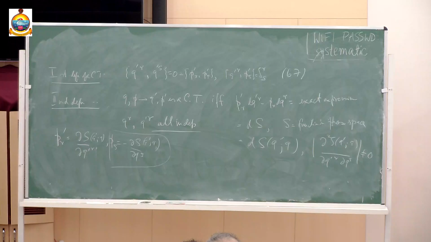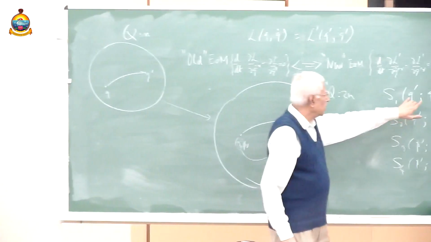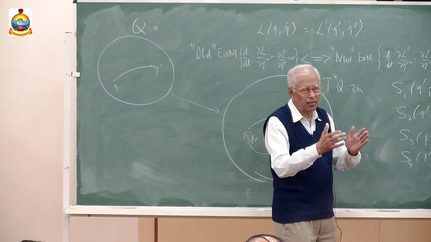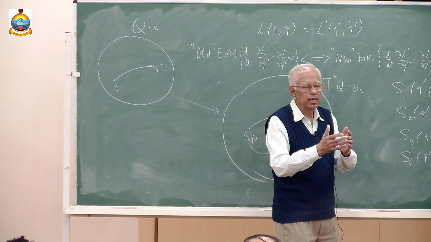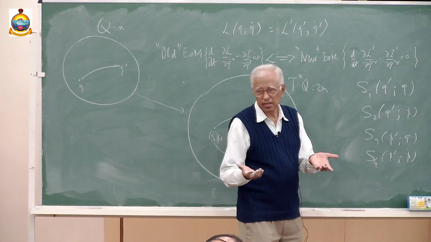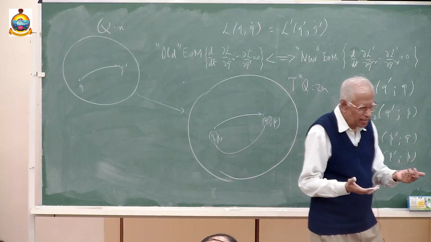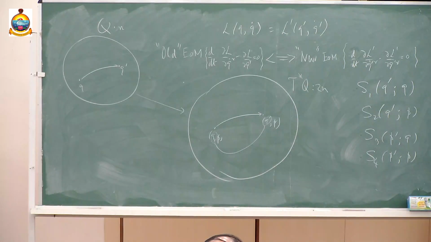All 4 will not work. Because for that canonical transformation, none of these 4 combinations of half old and half new give you 2n independent quantities. They don't.